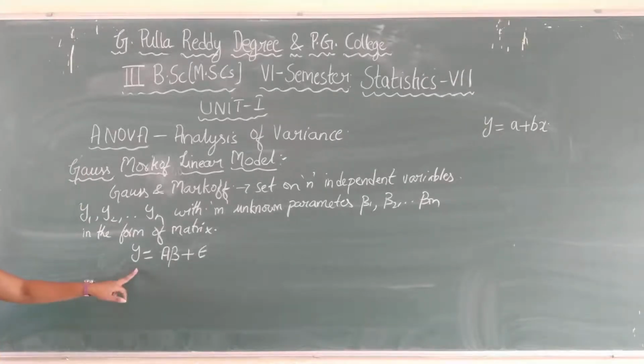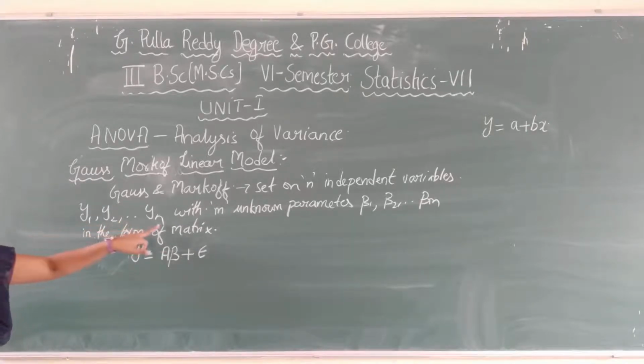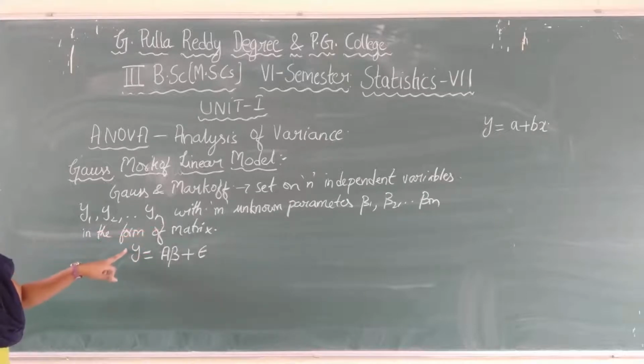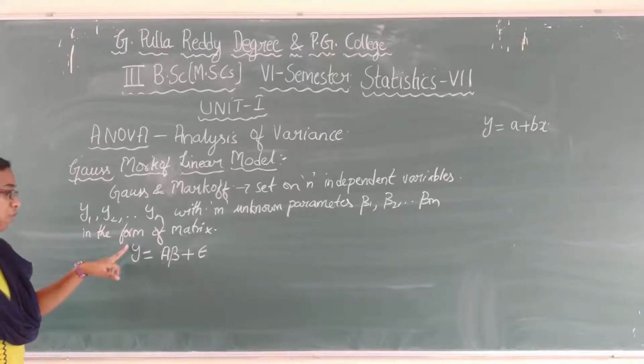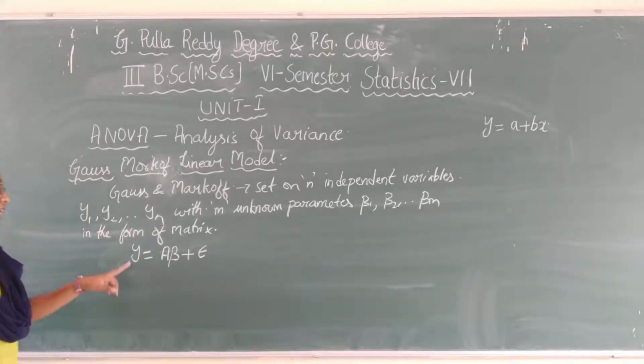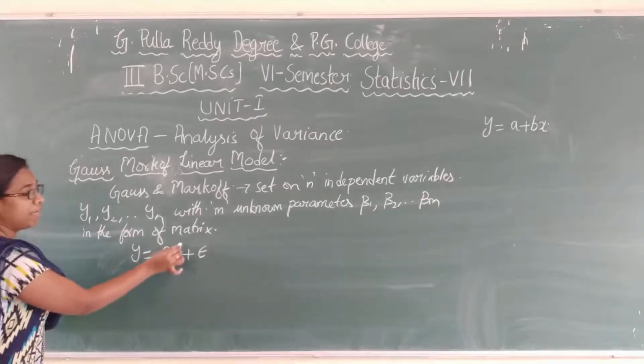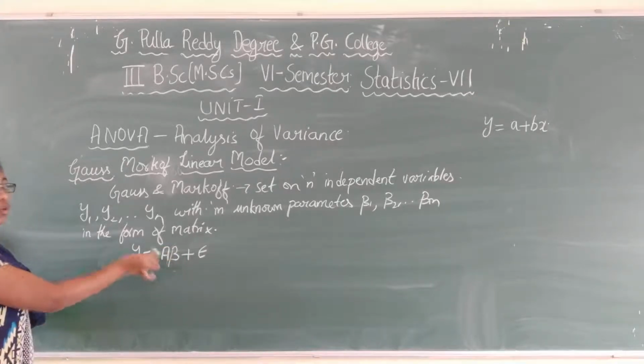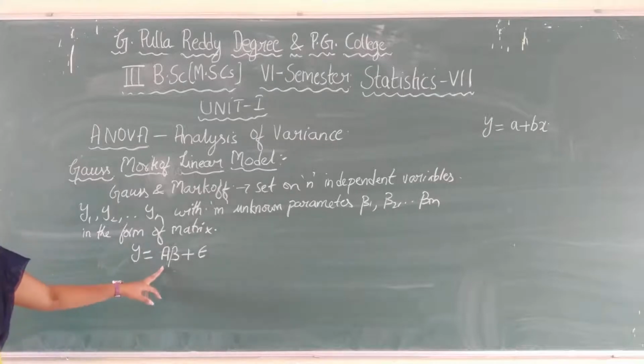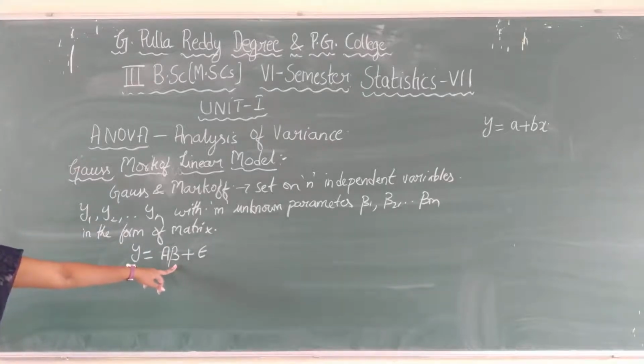So what is y here? y is an n by 1 vector. That means you have a total of n variables, right? So that n by 1 vector, y1, y2, so on, yn, is y. And what is A? A is the coefficient matrix. Here beta is the parameter, right? So for the parameter, the coefficient is A. So A is called the coefficient matrix and beta is the parameter matrix.